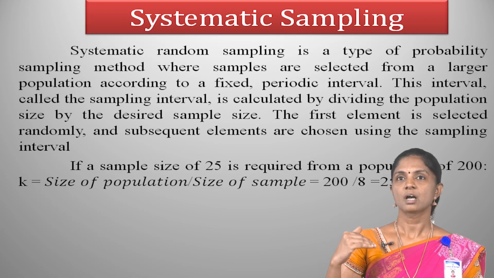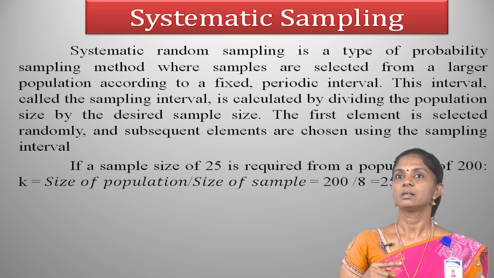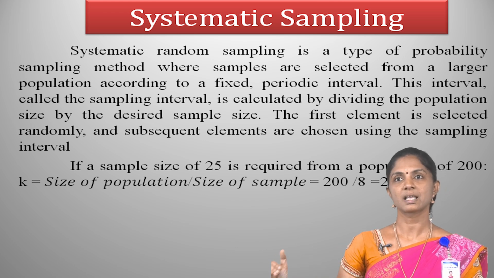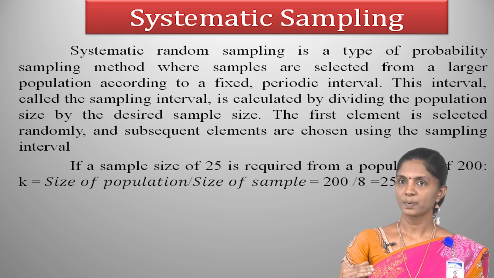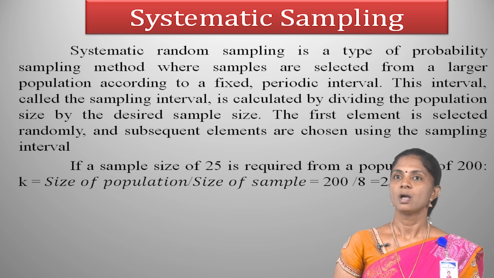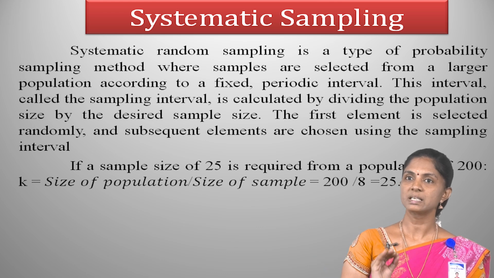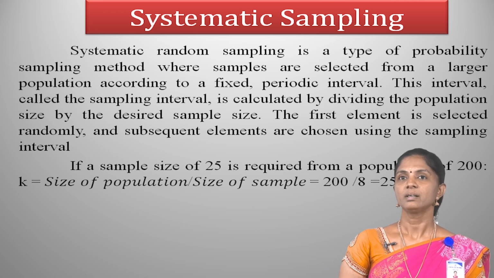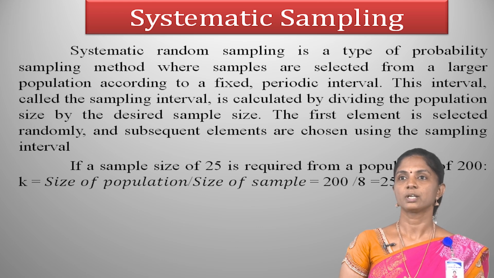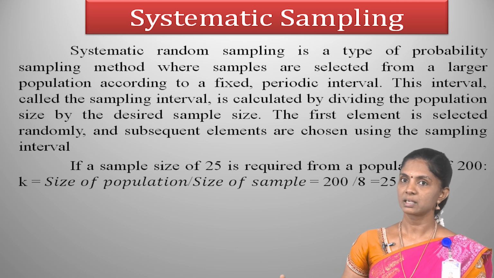What are the types of restricted random sampling? Systematic sampling, stratified sampling, and cluster sampling. I will explain one by one. First one is systematic random sampling. Systematic random sampling is a type of probability sampling method where samples are selected from a large population according to a fixed periodical interval.